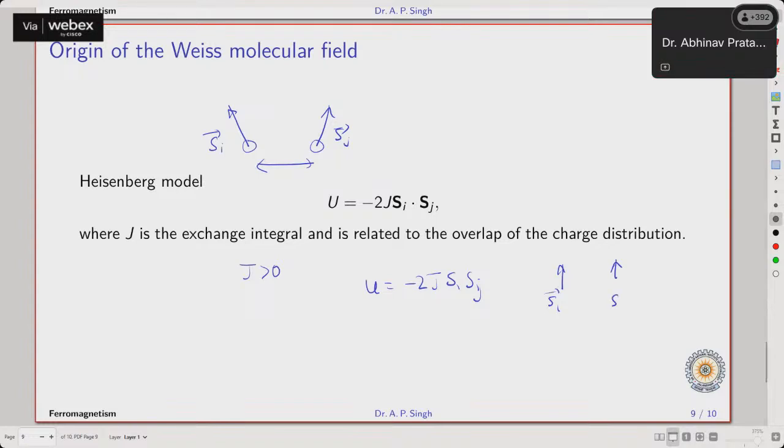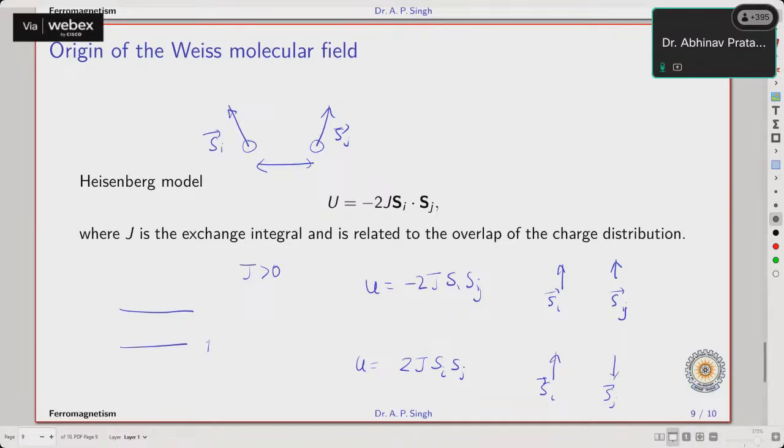And when they are anti-parallel, then you will find, because the angle between them is now 180 degrees, the dot product will contain a cos theta term that will become minus 1, and now the energy will be plus 2J Si Sj. That means this will have a lower energy, this will have a higher energy.